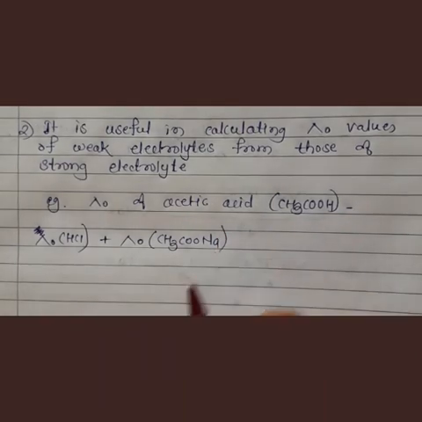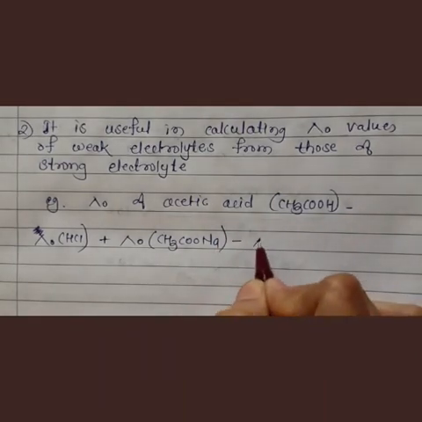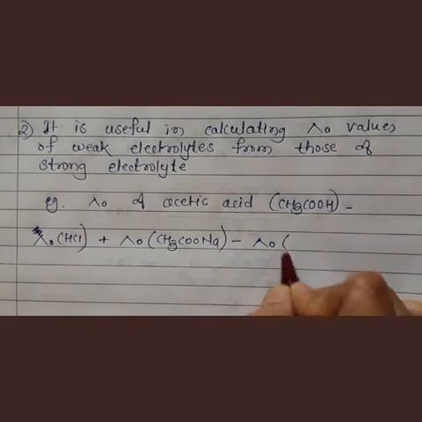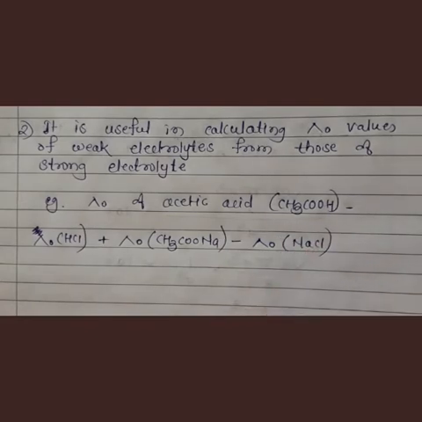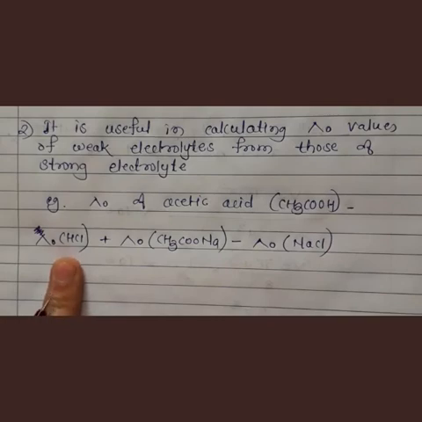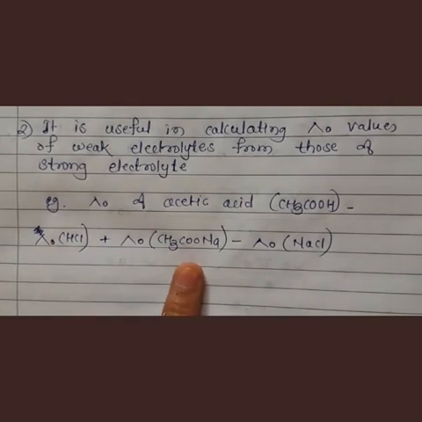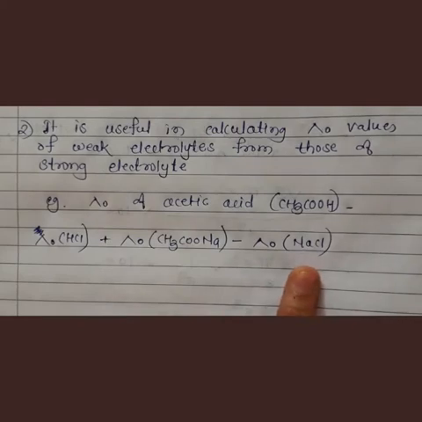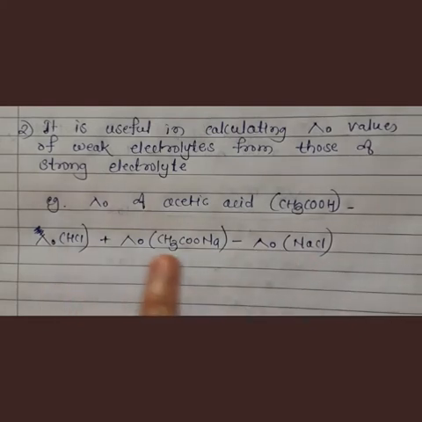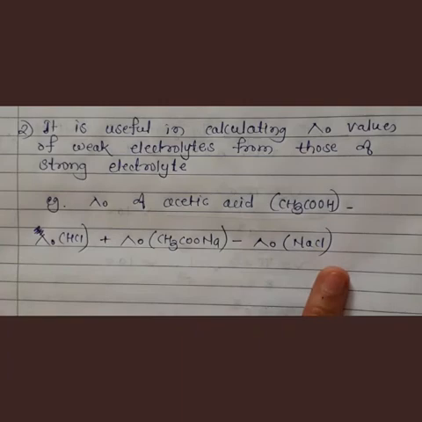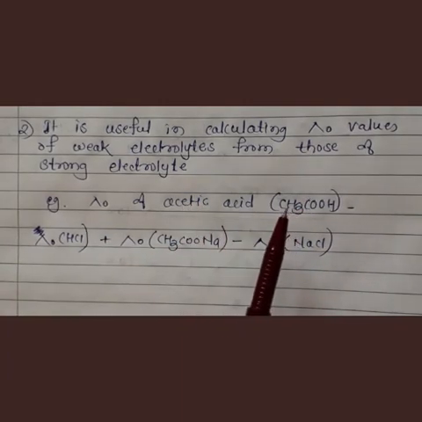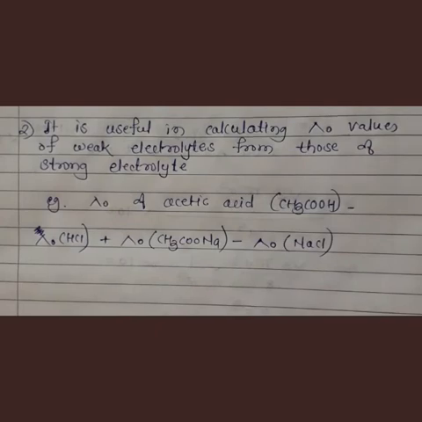then if you know the molar conductivity of NaCl, all strong electrolytes, by using these molar conductivities you can find out the molar conductivity of CH3COOH. How to find that?